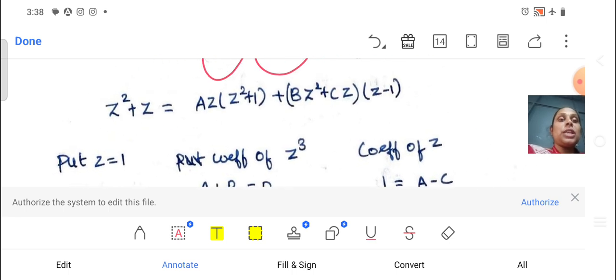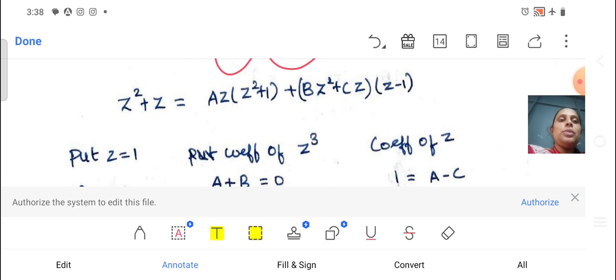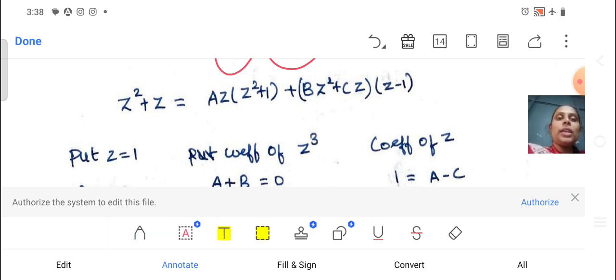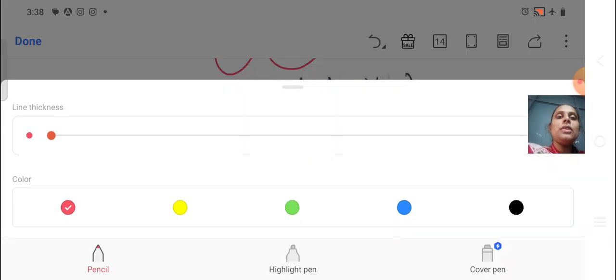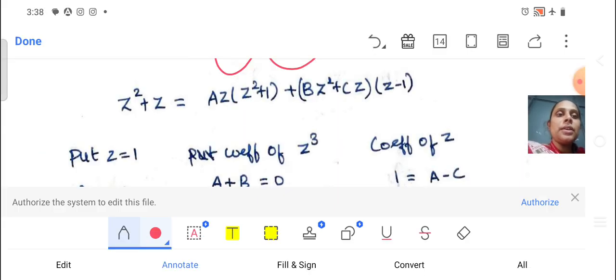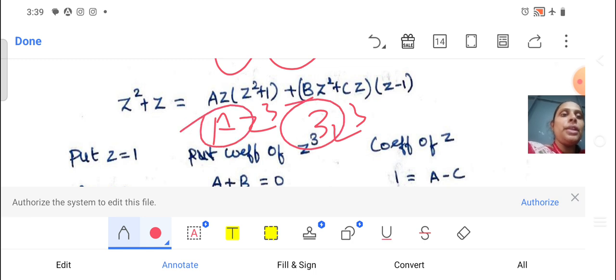Next, equating the z³ coefficient. The left hand side is 0, and on the right hand side only A and B occur in z³. So A plus B equals 0.